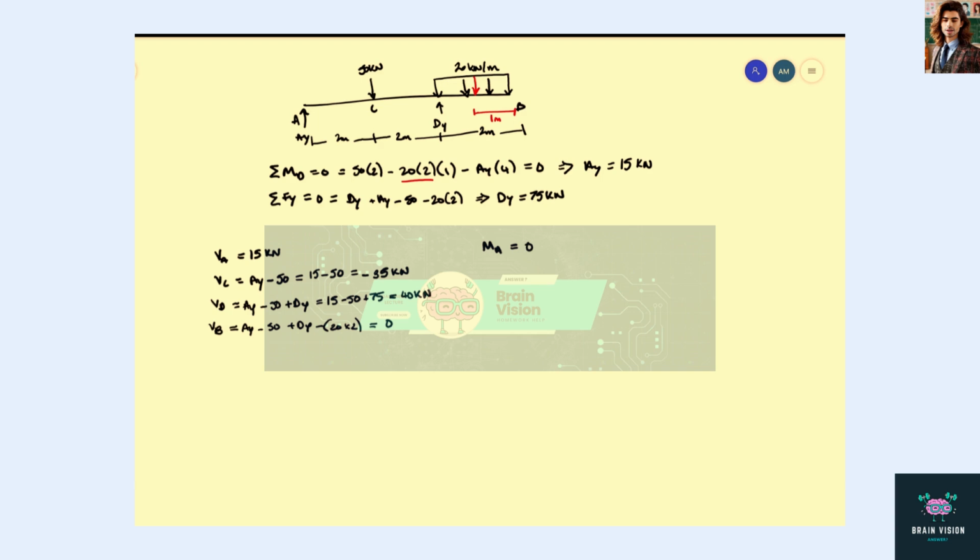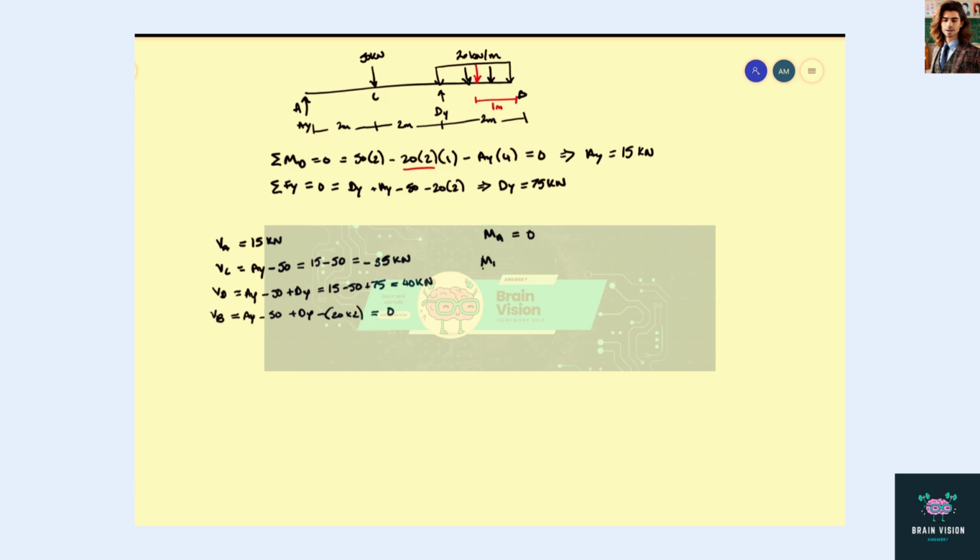And then we're going to look at the bending moment at C. I'm going to say MC is equal to 15 times 2 actually.